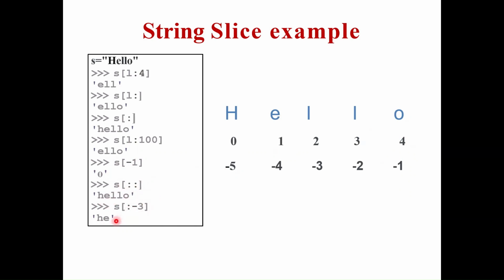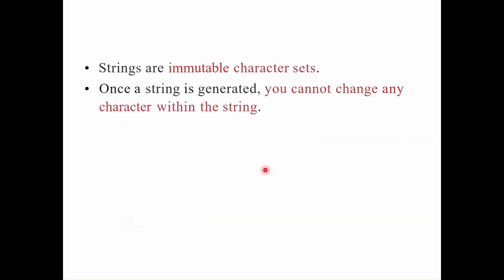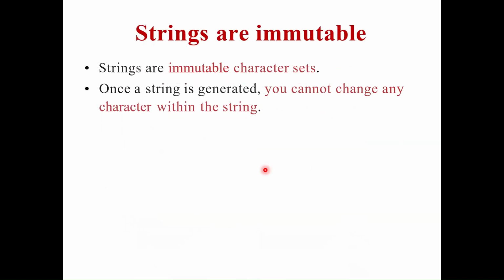And the last example says that it should begin from the beginning and end before the index -3, so we'll get the message HE. So this is how we can slice the given string.